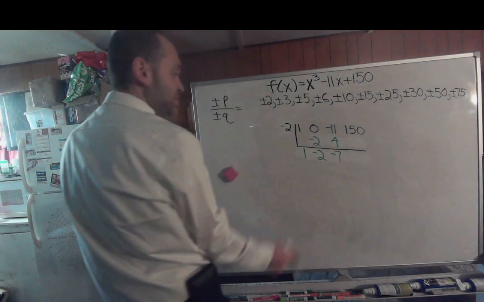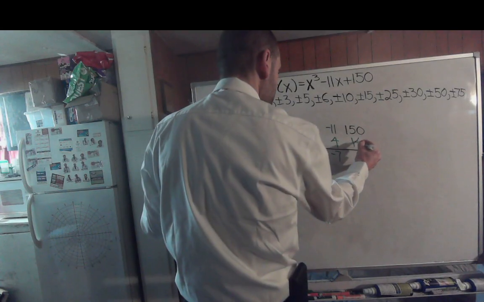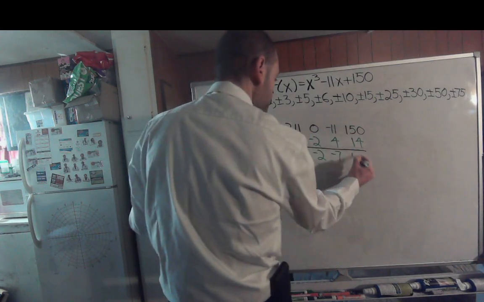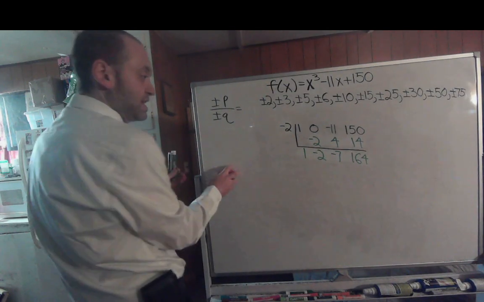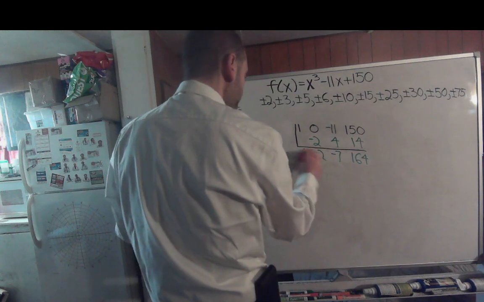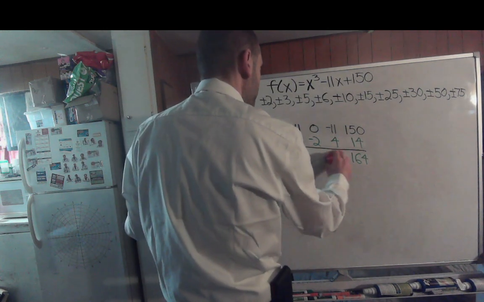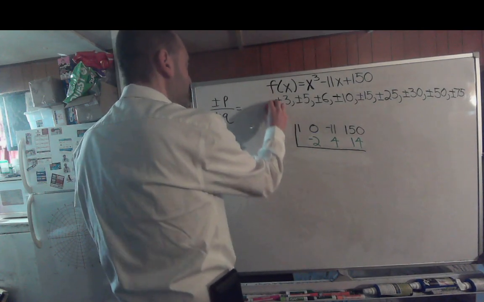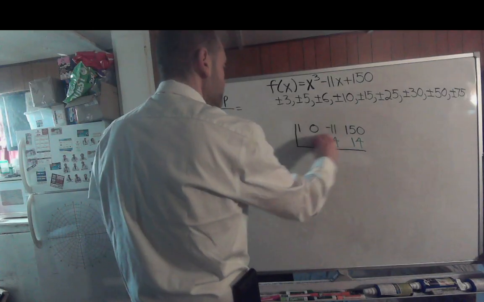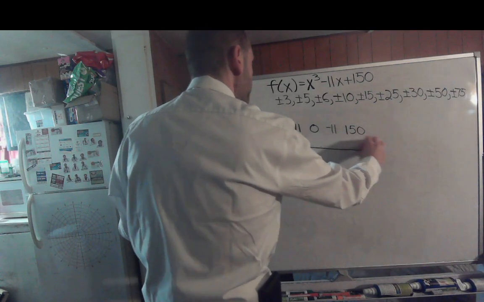Negative 2 times negative 7 is positive 14. 150 plus 14 is 164. So that's definitely not going to work. In fact, I would firmly believe we're probably going to have definitely higher numbers here. Your 2's are excluded now.